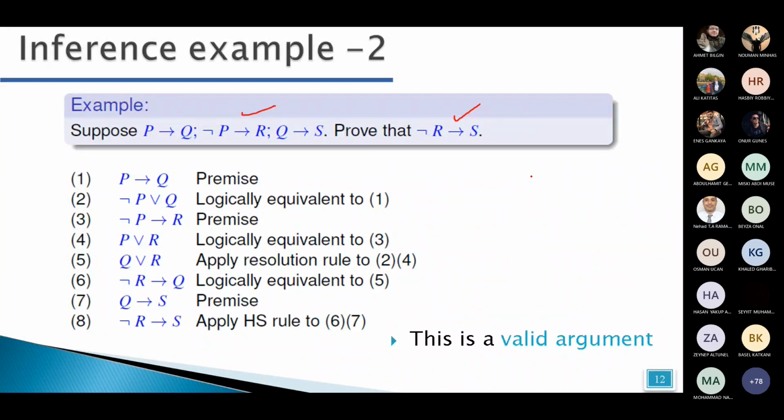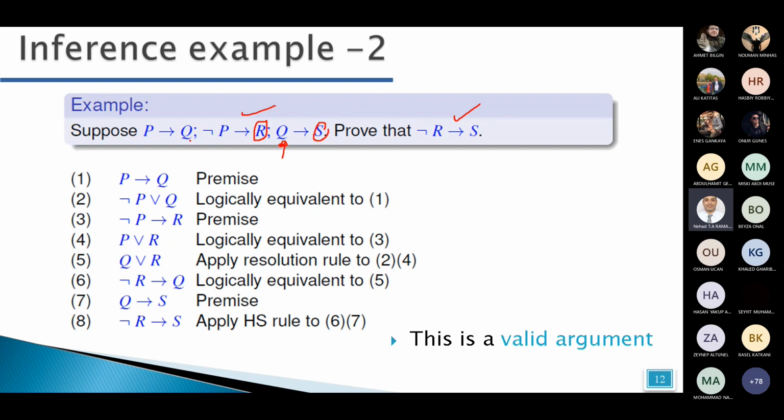Now let's make a plan first. How to get this one? Not R implies S. Actually, S, it's here only. Okay. And R here. So from this, we need to get something like containing not R and Q at the same time to use it with this one.